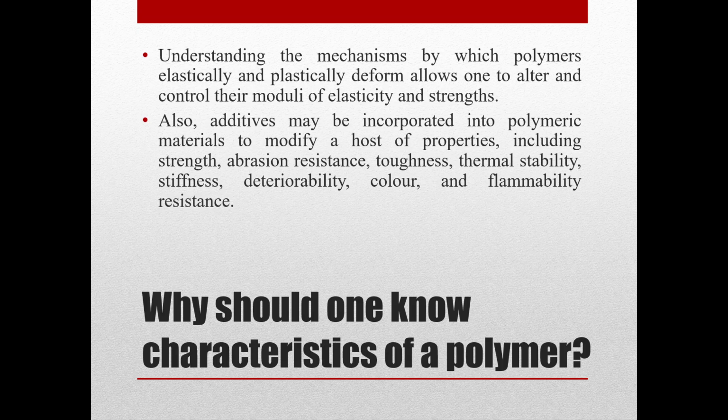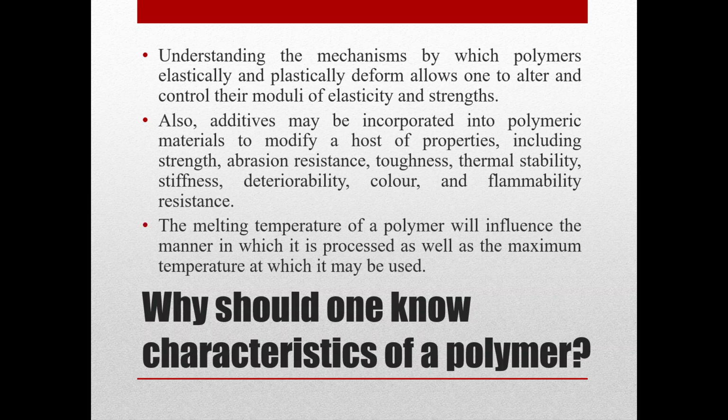Also, additives may be incorporated into polymeric materials to modify a host of properties, including strength, abrasion resistance, toughness, thermal stability, stiffness, deteriorability, color, and flammability resistance. The melting temperature of a polymer will influence the manner in which it is processed, as well as the maximum temperature at which it may be used.